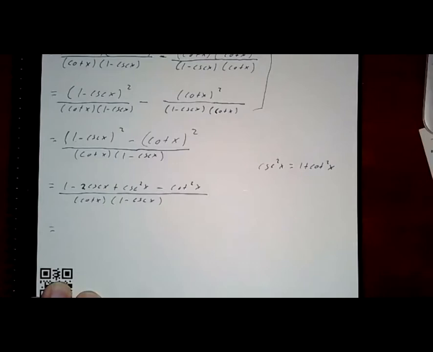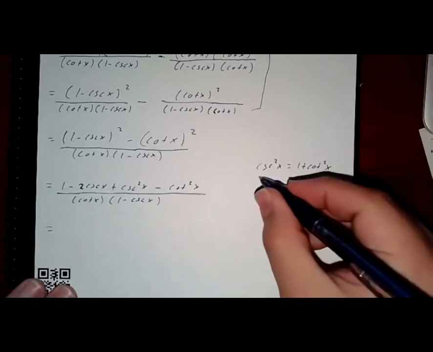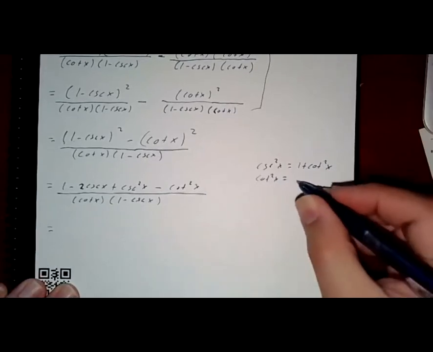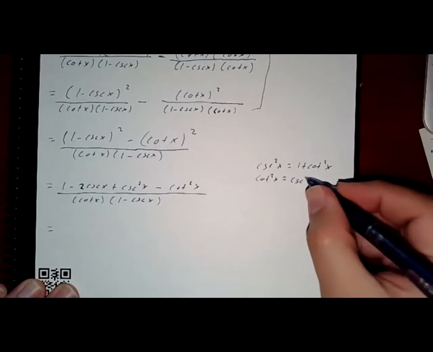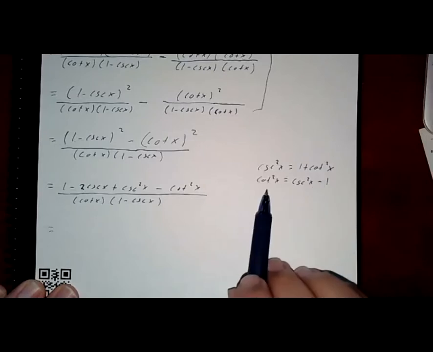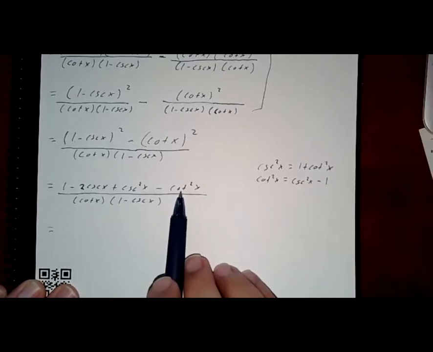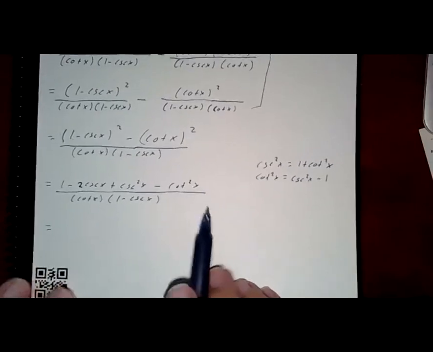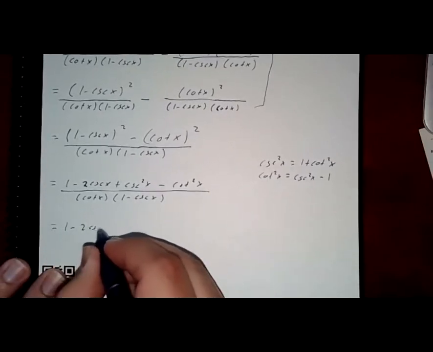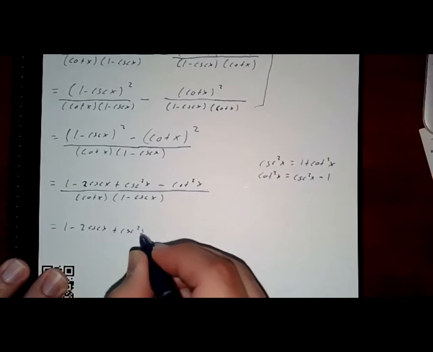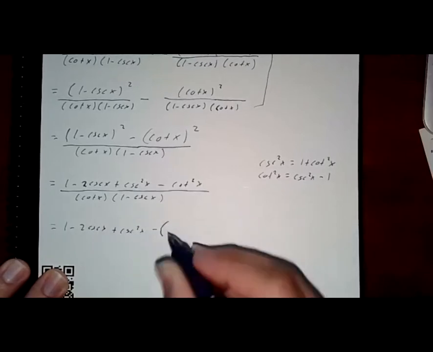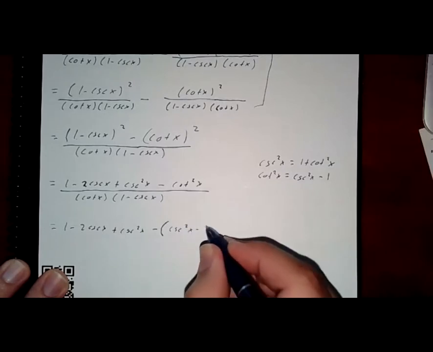Make sure there's no sign errors anywhere. Okay, so that means cotangent squared is equal to cosecant squared x minus 1 if you solve for cotangent. So I can plug that in here. So 1 minus 2 cosecant x plus cosecant squared x minus the substitution of cosecant squared x minus 1.